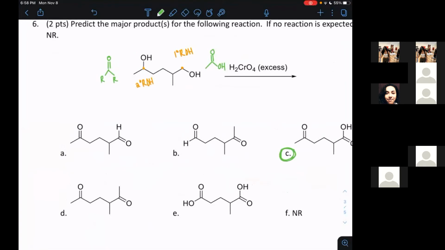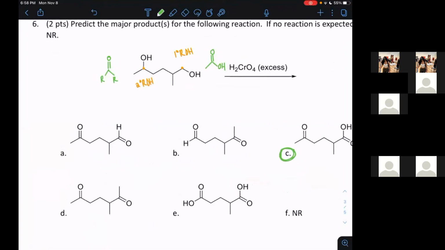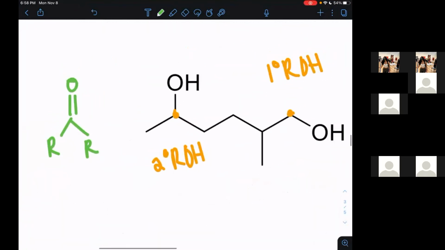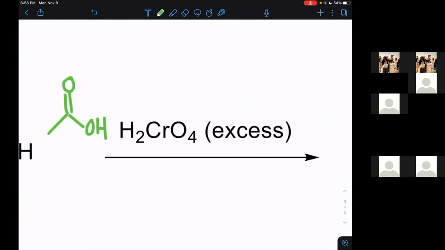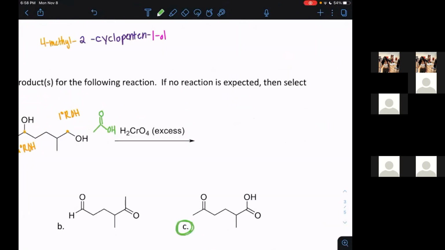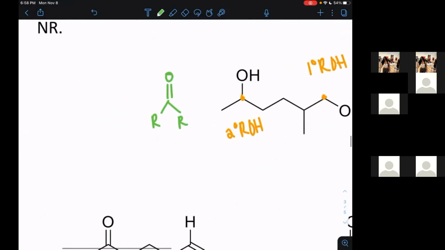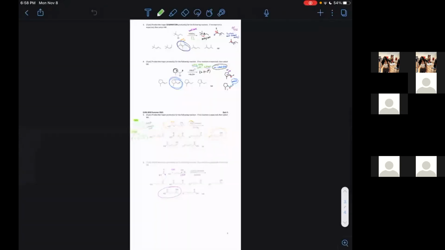So it depends where that primary is on there, and it doesn't depend on the secondary at all. The secondary gives you the same product for both PCC and chromic acid.